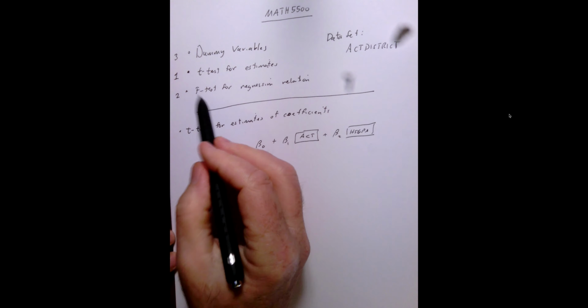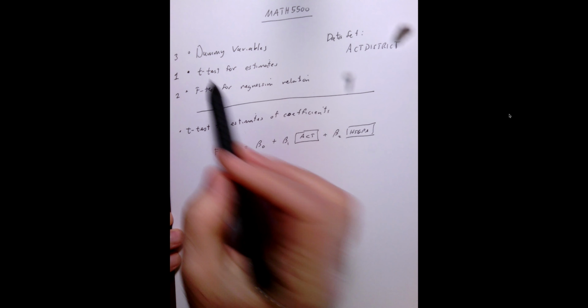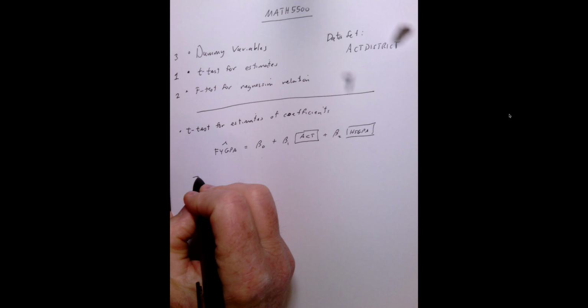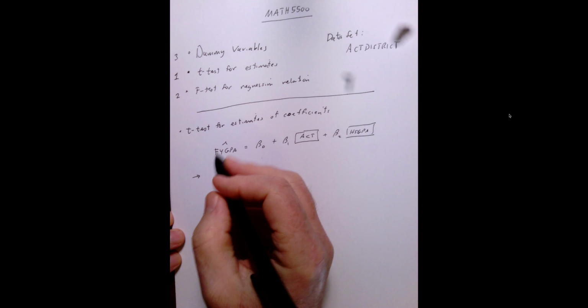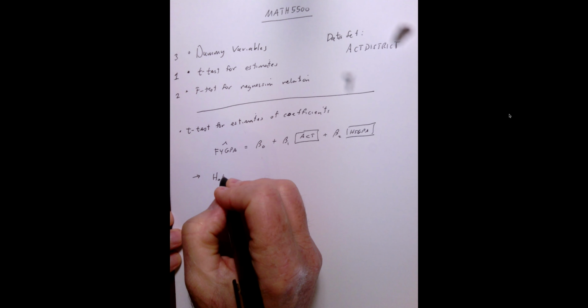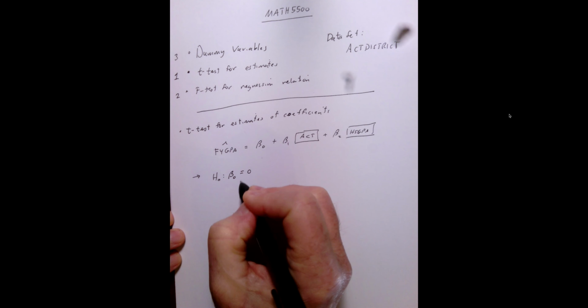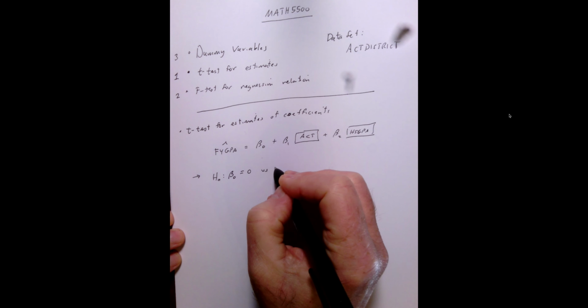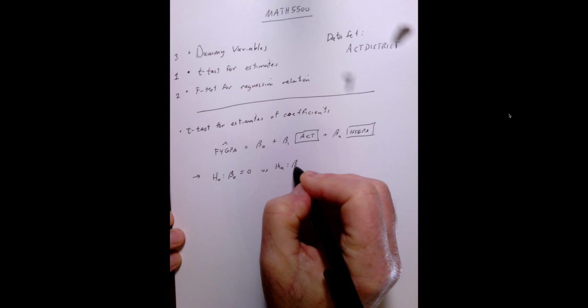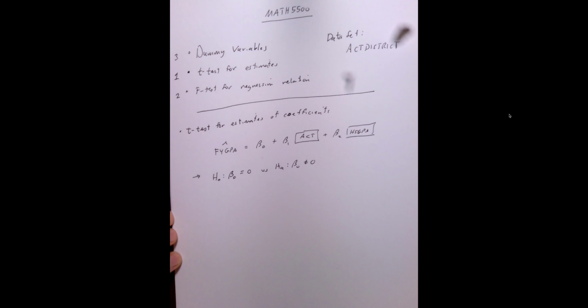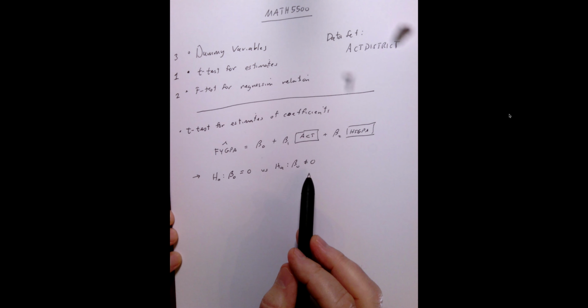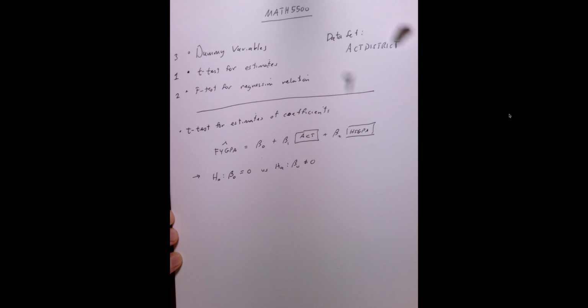From the coefficient estimate perspective of the t-test, what we conduct is multiple t-tests. So the first thing I would conduct is H sub 0: beta 0 equal to 0 versus H sub a: beta 0 not equal to 0. Now, if you've been paying attention, you know that I don't find testing the significance of the intercept to be that interesting.